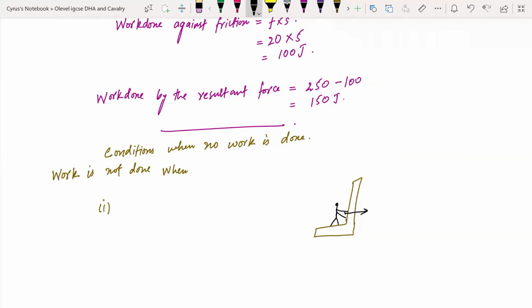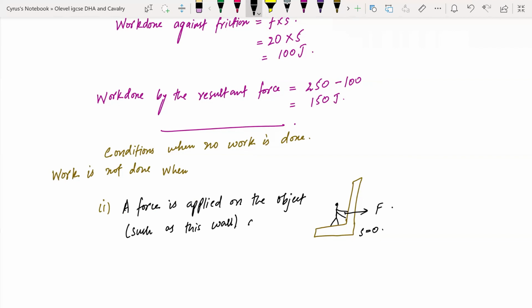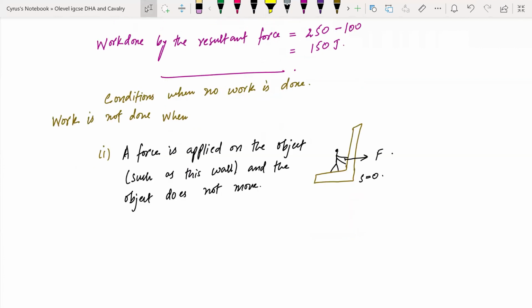This person is applying a force, and this wall is not moving. The displacement is zero. Force is applied on the objects such as this wall, and the object does not move. This is the case number one that we have, right?